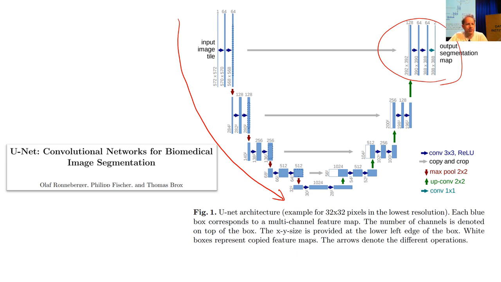What Olaf Ronneberger et al. did was they said, hey, let's add a skip connection, an identity connection. And amazingly enough, this was before ResNets existed. So this was a really big leap, really impressive.